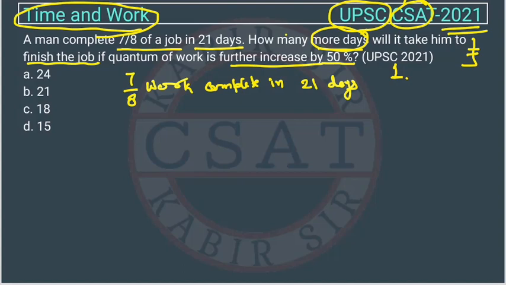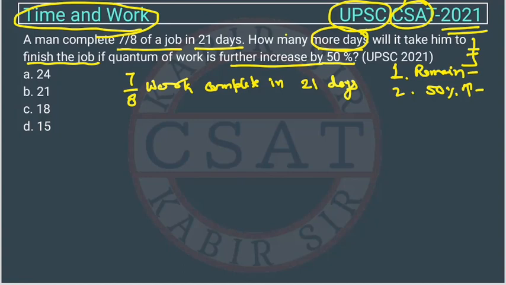Only 7/8 of the work is finished, so for the remaining work, how many days will it take. And the second is that the work is increased by 50%. So first he has to complete the remaining work, and then he has to complete the 50% of that work also, right. So we can solve it through the unitary method.